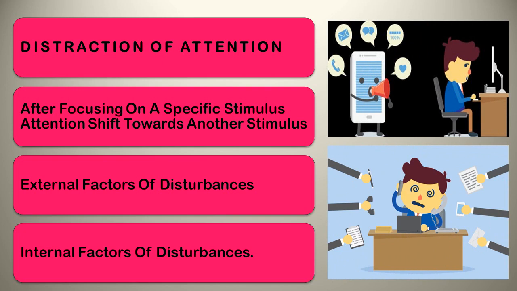Distraction of attention. The term distraction means something that distracts, an object that directs one's attention away from something else. So, distraction is a process of diverting the attention of an individual from a desired area of focus, and thereby blocking or diminishing the reception of desired information.